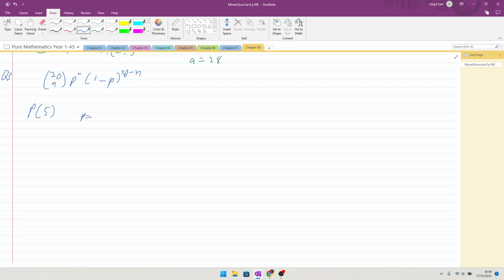So if we are looking for the probability of 5 people winning, and the probability of one person winning is equal to a half, then we are going to have the probability of 5, that's the n number, is equal to 20C5, a half to the power 5, 1 minus a half for the probability, to the power 20 minus 5, 15. Okay, put all of that into the calculator.